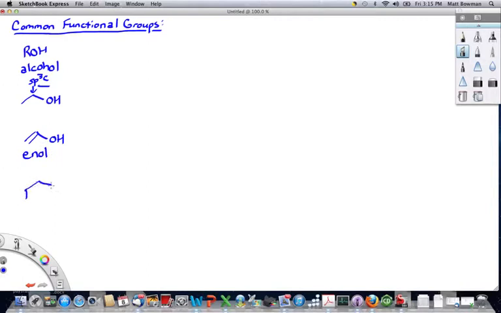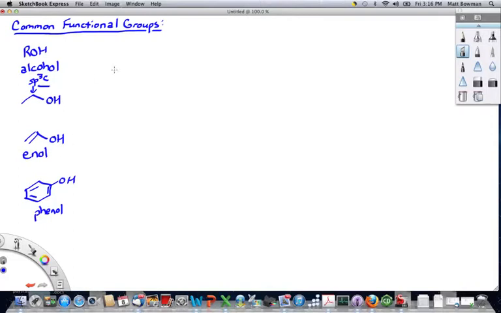If it is a benzene ring, then it is a phenol. Each of these has a carbon OH moiety to them, but they all behave differently. This is due to the presence of the sp3 carbon and due to resonance. So, alcohol, sp3 carbon, OH.